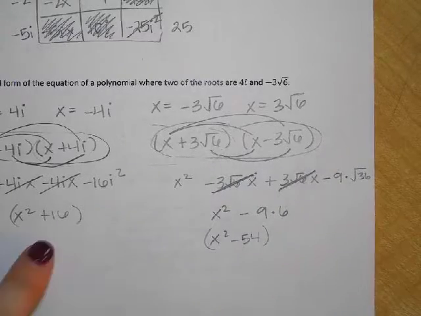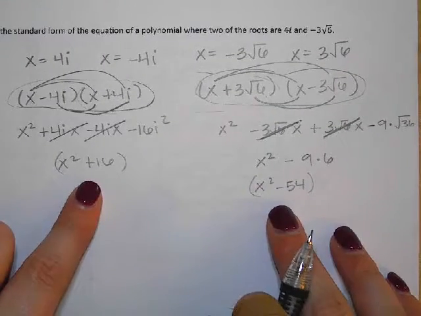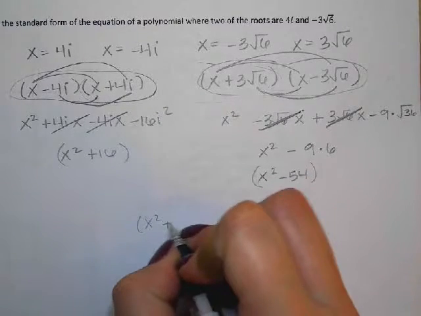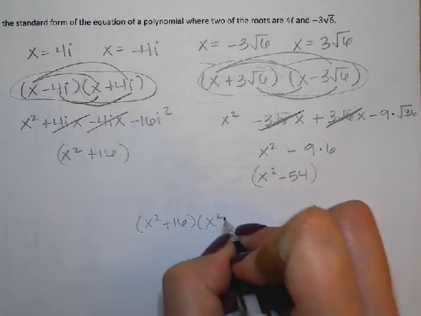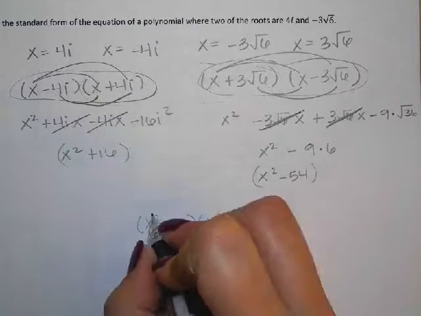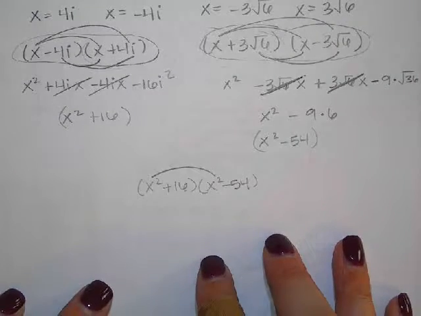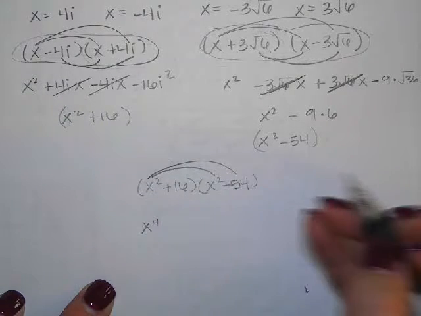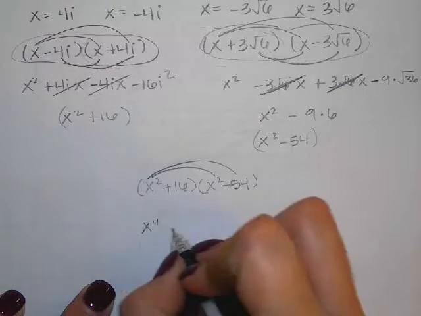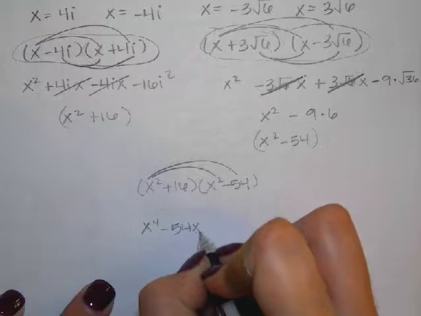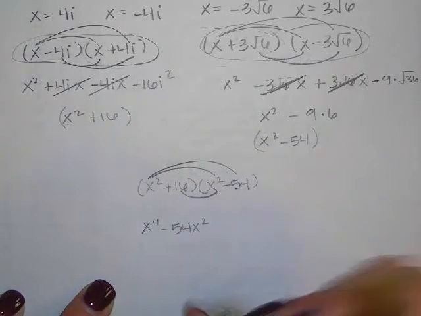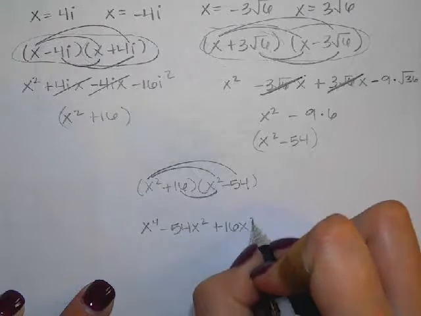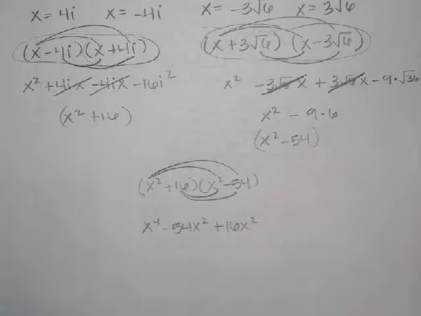Okay, so what do I do with these two? I FOIL them, and it's 2 times 2, so I can just do like normal foiling if I want. So x squared times x squared, x to the 4th, x squared times negative 54, positive 16 times x squared, and then positive 16 times negative 54.